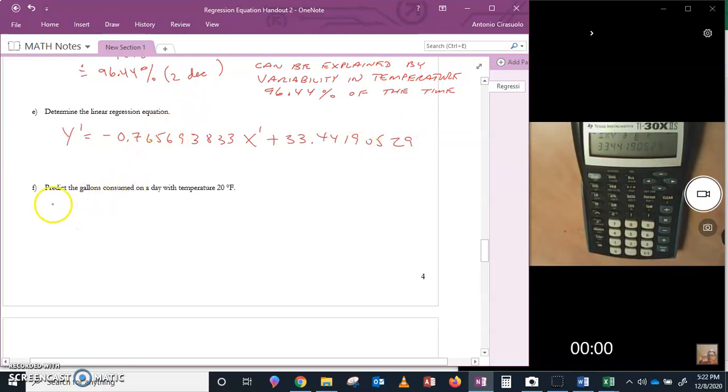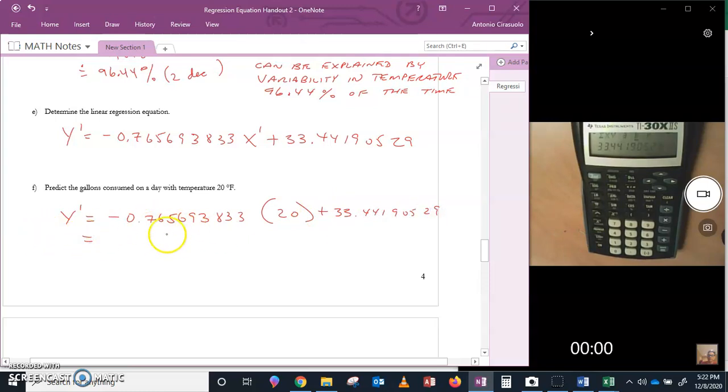And then the last part of the question is to say, predict the gallons consumed at 20 degrees Fahrenheit. So we're going to plug in 20 for x and see what that gives us.